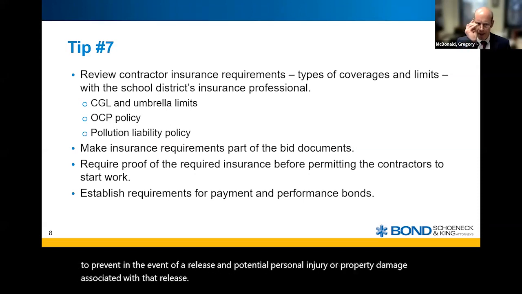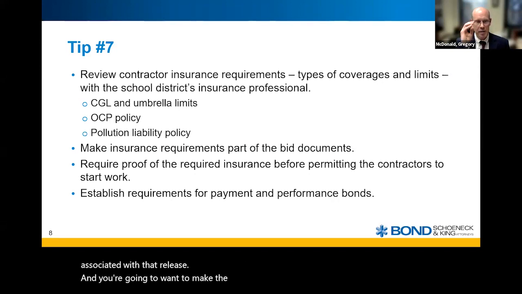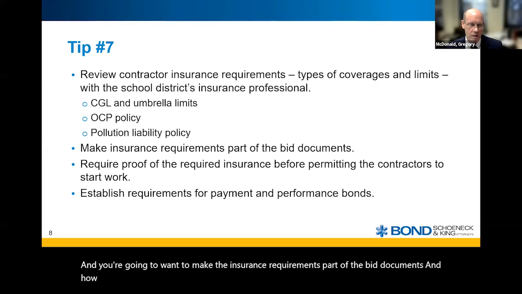And you're going to want to make the insurance requirements part of the bid documents. And how that typically works is, some architects or CMs will have an insurance rider that they'll include in the bidding documents.